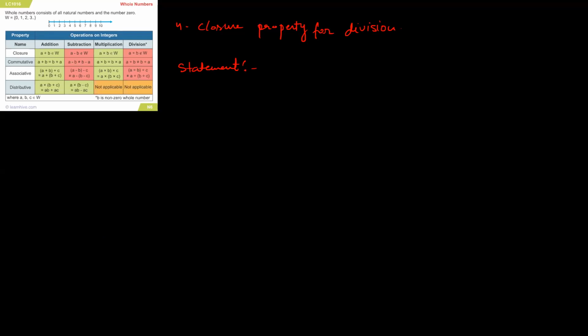This statement says that if A and B are two whole numbers, then A divided by B will not be a whole number. It is not necessarily a whole number.